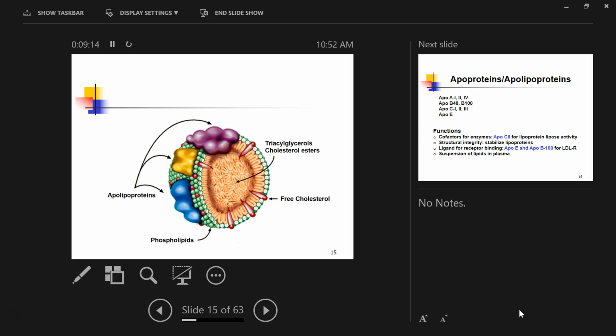The lipid core contains triglyceride and cholesterol ester, and the percentage of triglyceride versus cholesterol ester depends on the type of lipoprotein. The surface is a monolayer of phospholipids and free cholesterol, and also apoproteins.